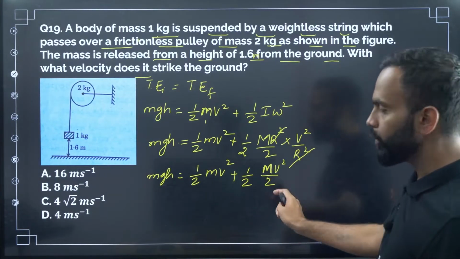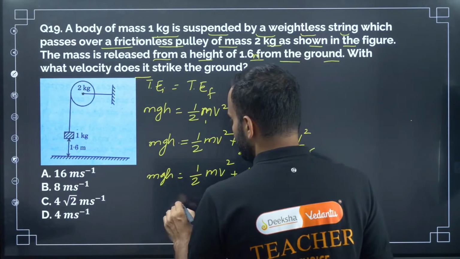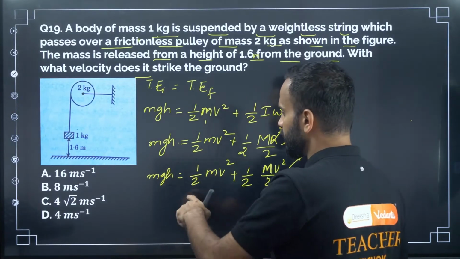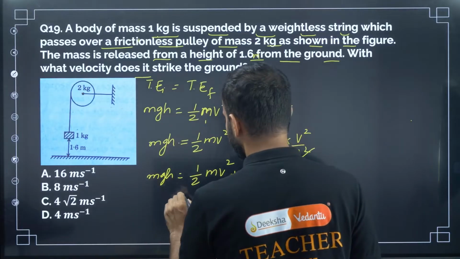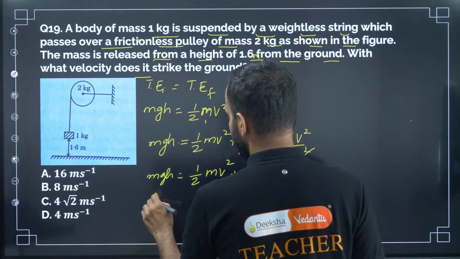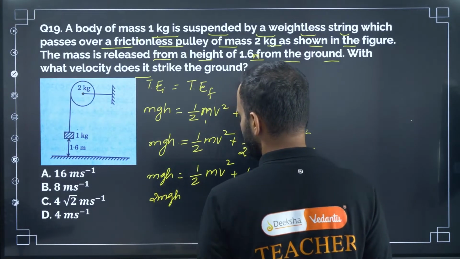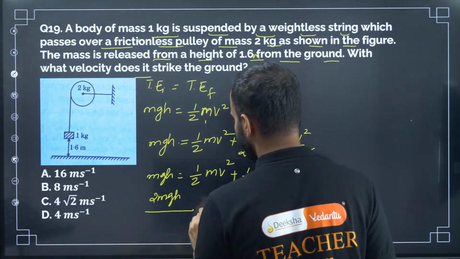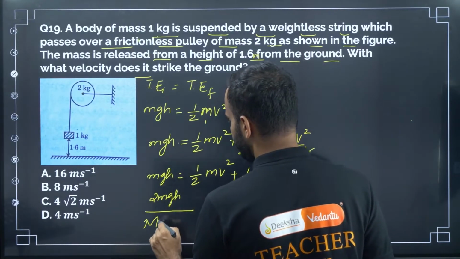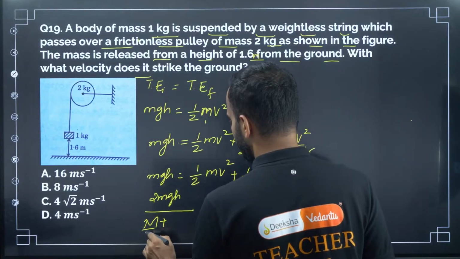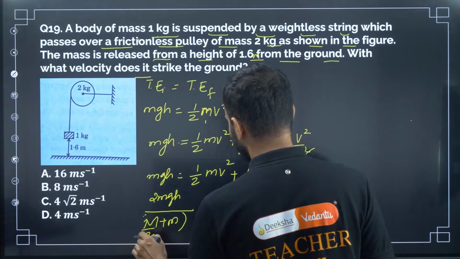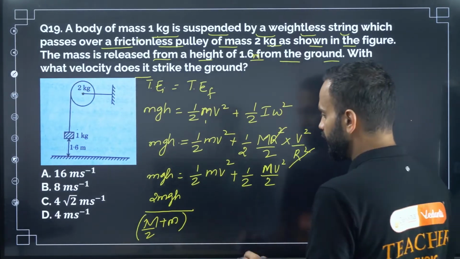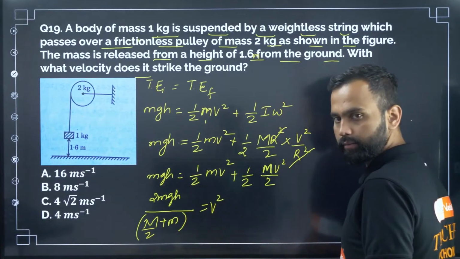We need to find the value of v. So take 1 by 2 to the other side. Now 2 mgh divided by m plus M by 2 is equal to v square.